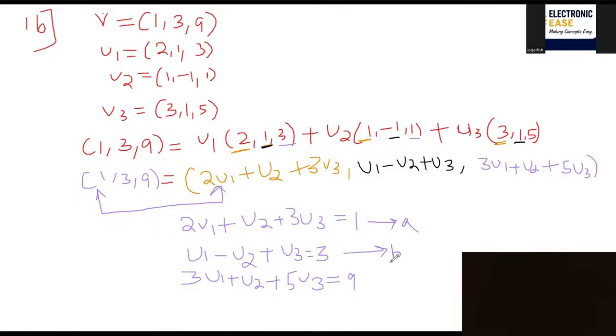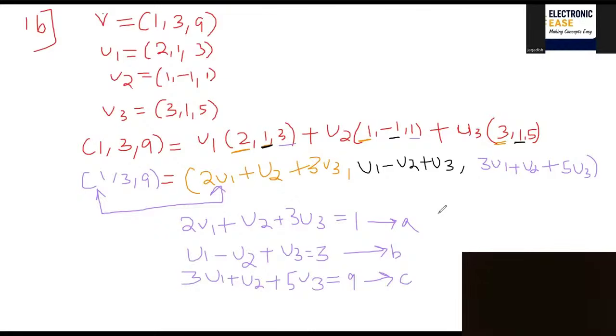This is equation A, this is equation B, and this is equation C.